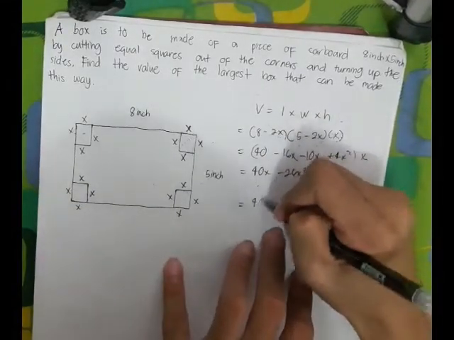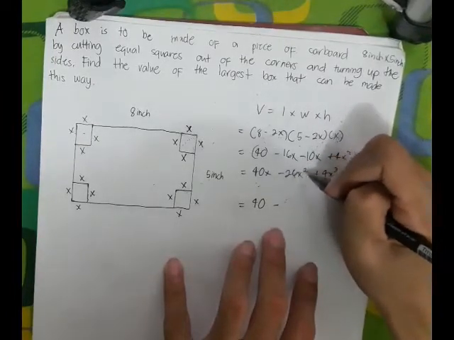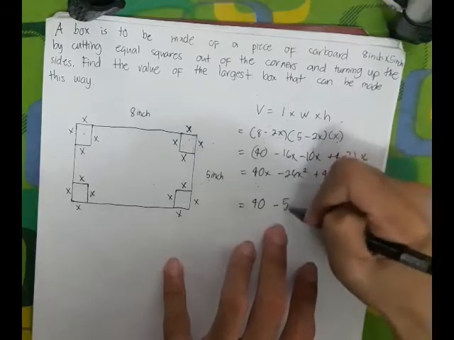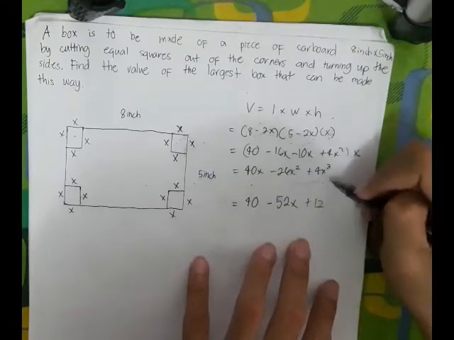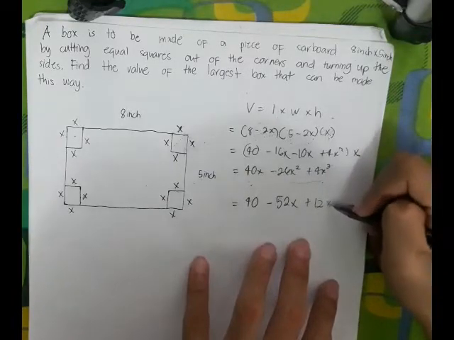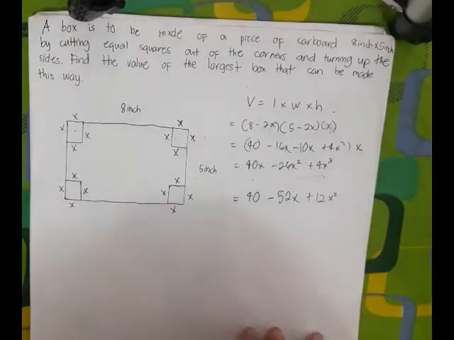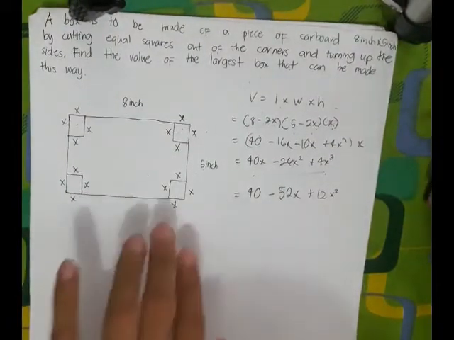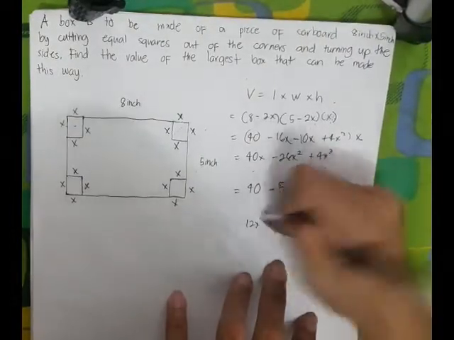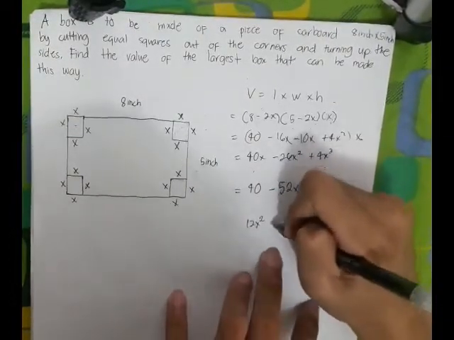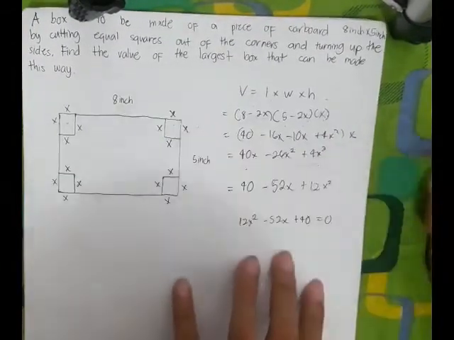It will be 40 minus 26 times 2, which is 52x, plus 4 times 3, which is 12x squared. Next we set the derivative equal to 0, so 12x squared minus 52x plus 40 is equal to 0.